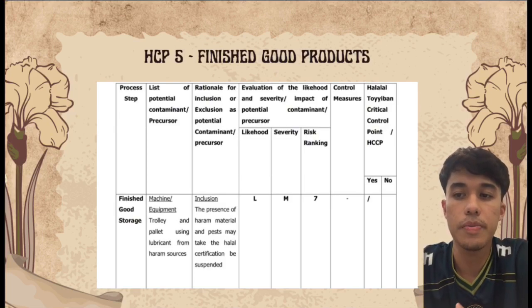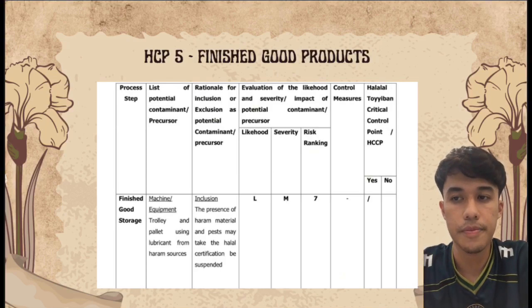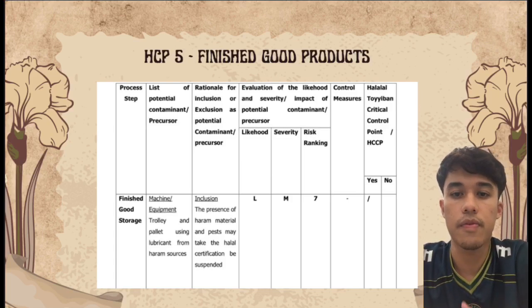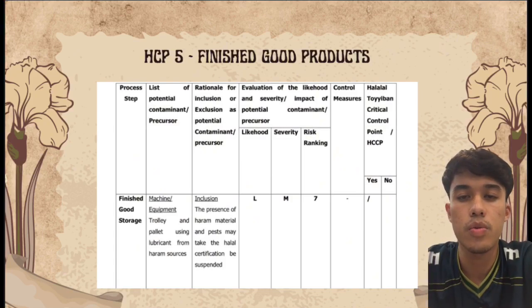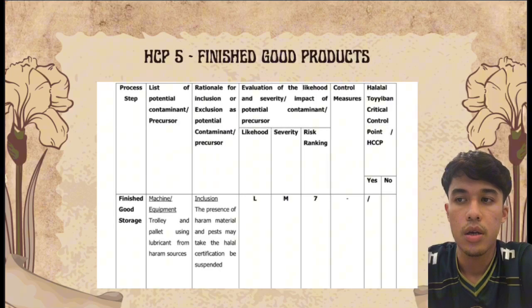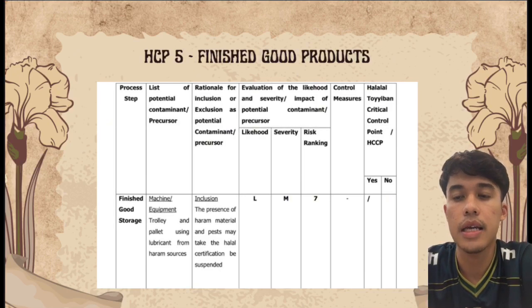For the inclusion, the presence of non-halal material and pests may cause the halal certification to be suspended. For the likelihood, we have stated likely, severity moderate, and risk ranking as number 7. For the control measures, we don't have any explanation for this CCP, and the HCCP that we have analyzed as yes.